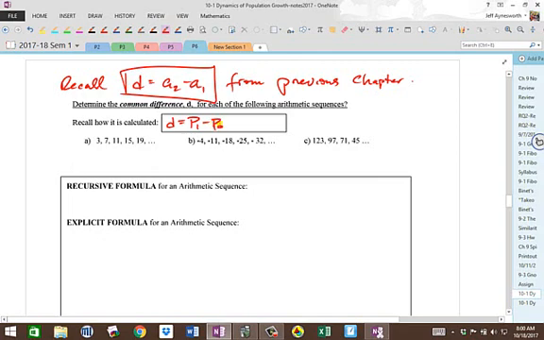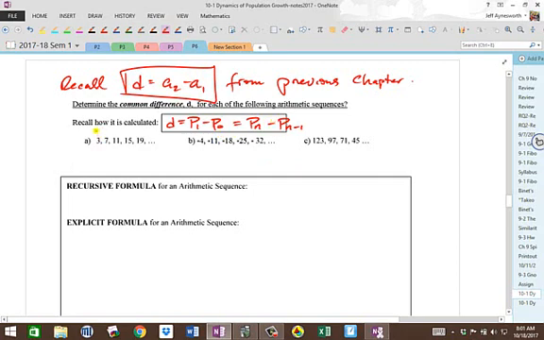I've got to translate here: the first population minus the initial population. Or in general, p sub n minus the previous one, p sub n minus 1. This is how I defined it before, a2 minus a1. But we're in population sequences now, so let's translate it into our new notation.